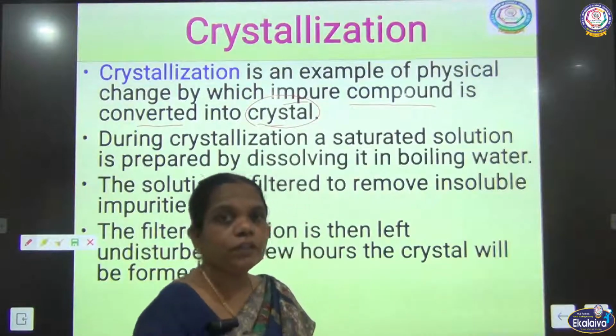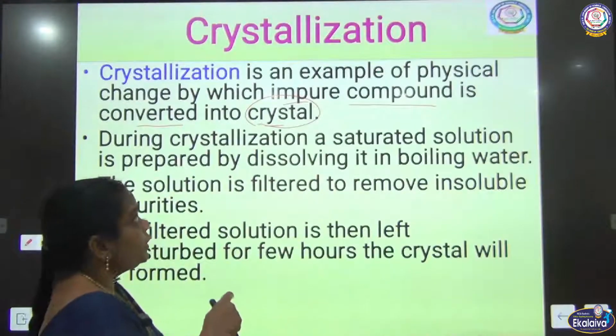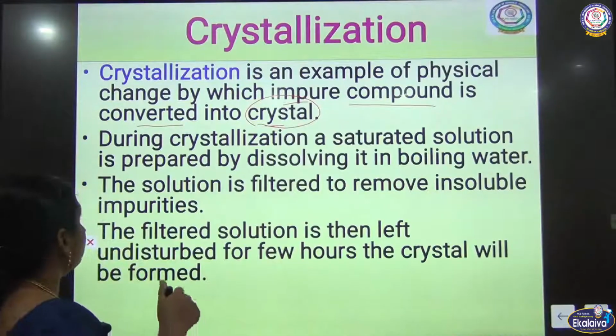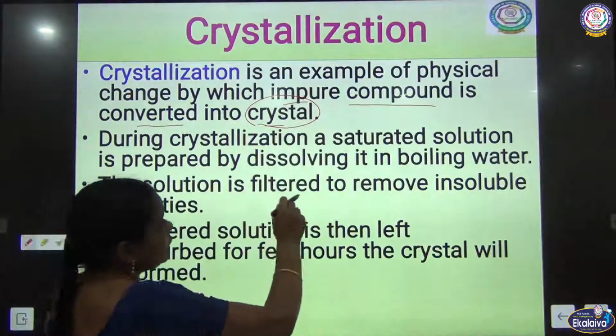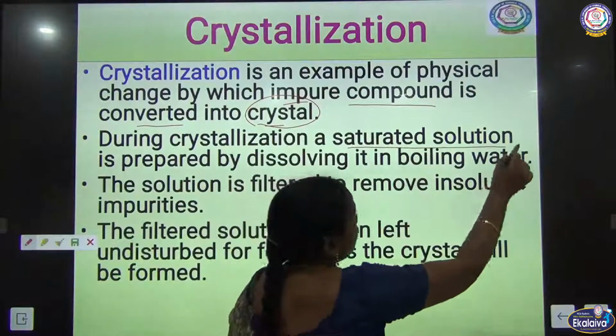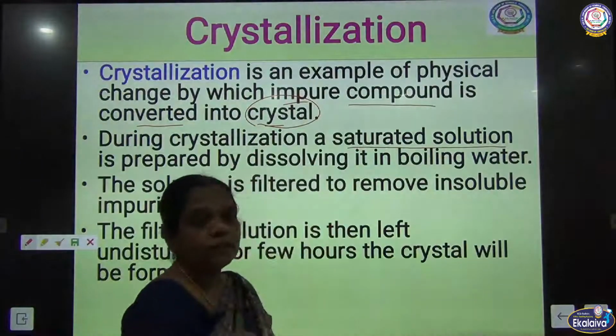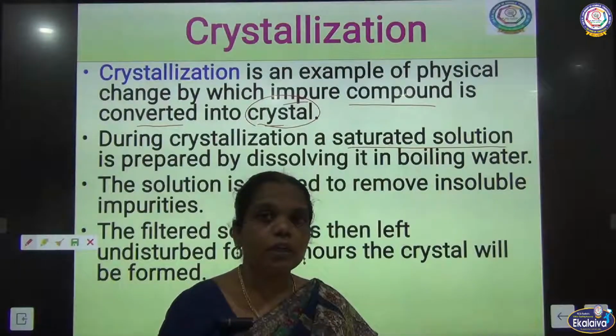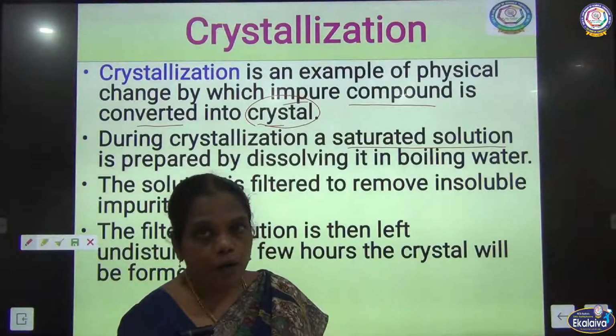So, now we are going to see how we make the process of crystallization. The impure substance, during crystallization, forms a saturated solution. For example, you can take any type of salt, common salt, or some copper sulfate.